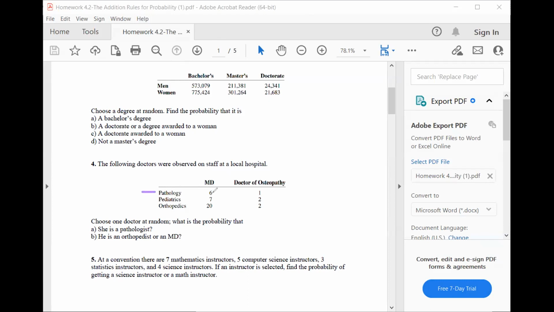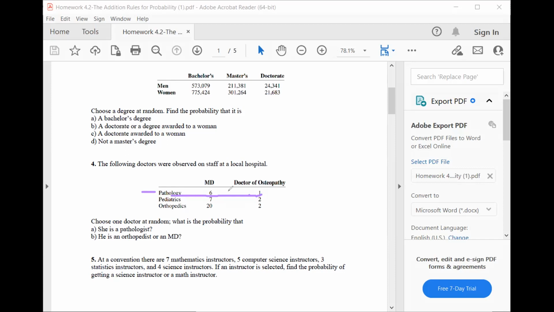These 6 people are MDs who are pathologists. But there's also this one, right? So the total number of pathologists is 7, isn't it? Yes. 6 plus 1 is 7 pathologists.